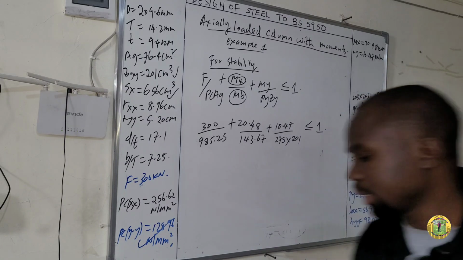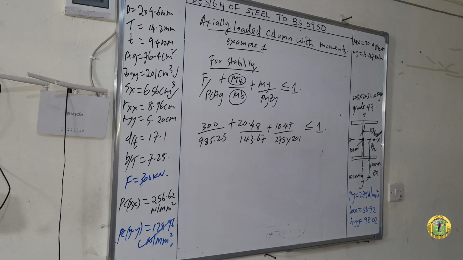So let's check and see. You have 300 over 985.25 plus 20.48 over 143.67 plus 10.47 over 275 times 201.